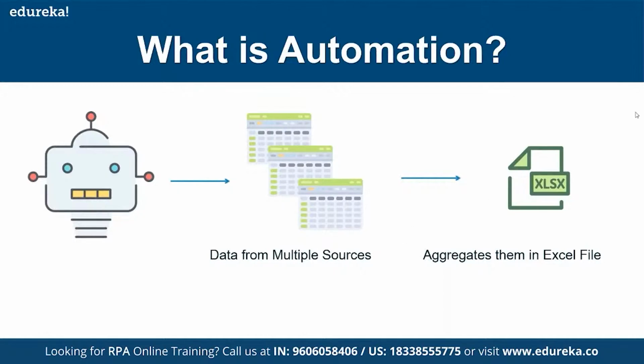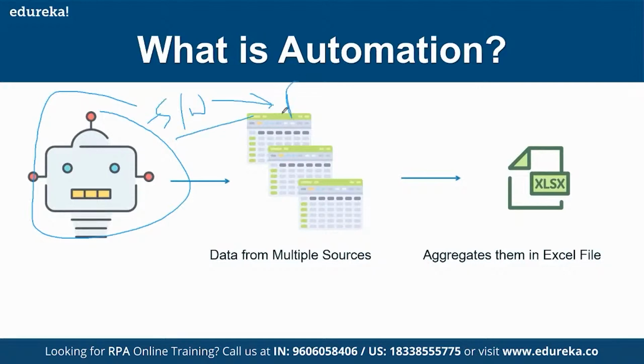The machine you are seeing here is generally a software, and that software we call a robot. In RPA, what does RPA stand for? Robotic Process Automation. The first word is robotic, so the robot is a software.